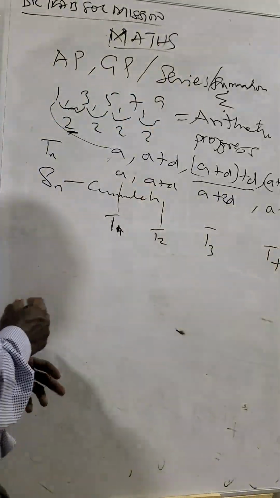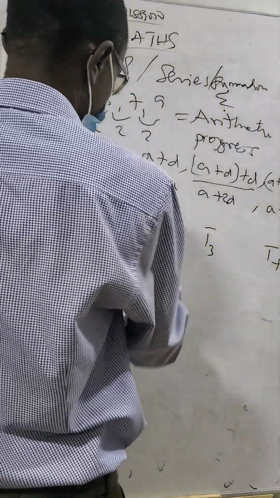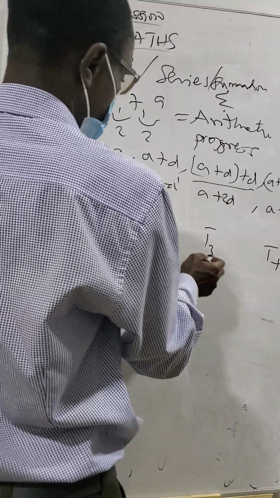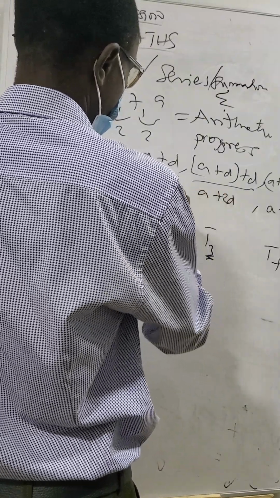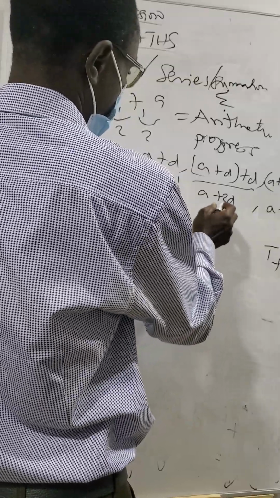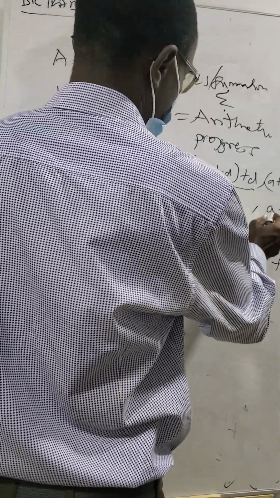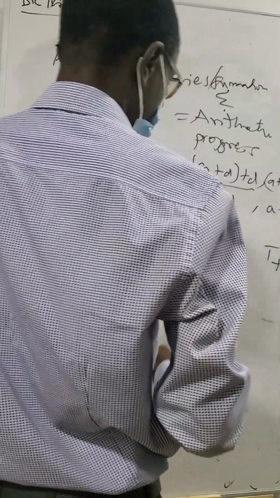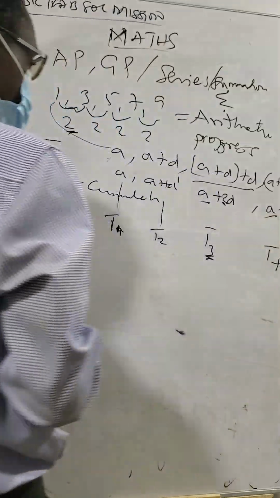Now if you look at it critically, where you have T2, D is to the power 1. Where you have T3, it is 2. Where you have T4, it becomes 3. But A is always constant there.